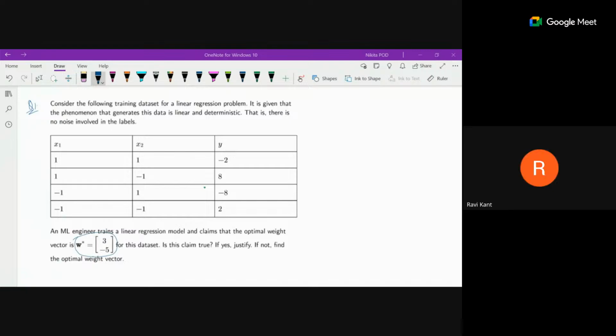How will we go through this problem? Which one will we use? We have to use X transpose X inverse into X transpose Y. Yes, you can check.